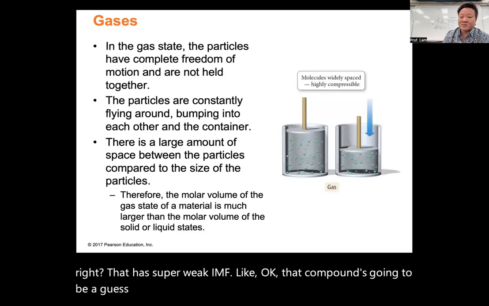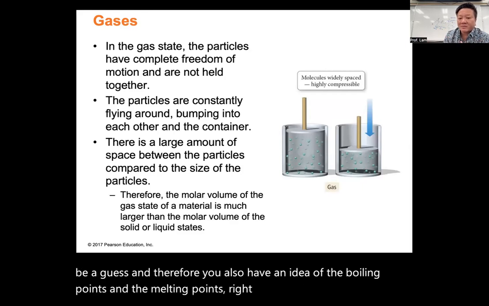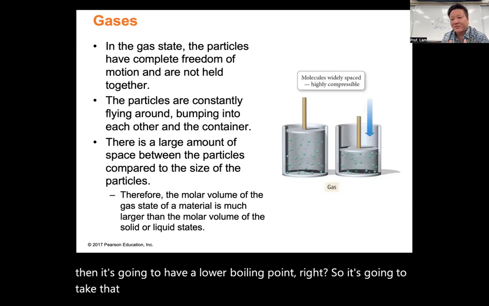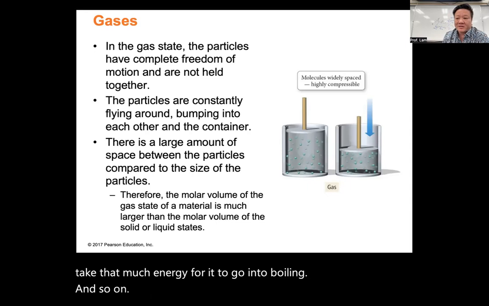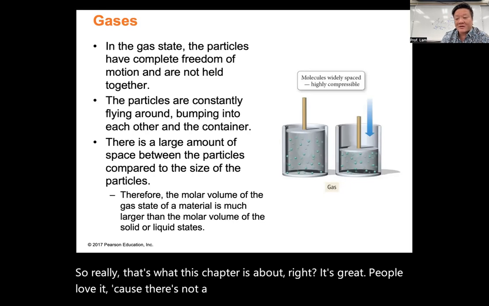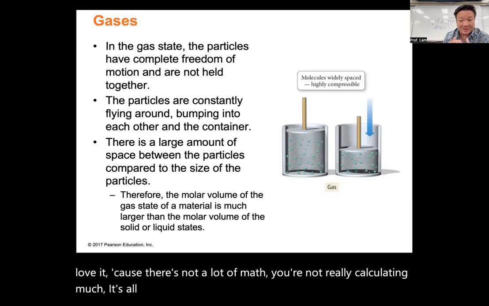And therefore, you also have an idea of the boiling points and the melting points, right? So if something's really weak, then it's going to have a low boiling point, because it doesn't take that much energy for it to go into boiling, right? And so on. So really, that's what this chapter is about. It's great. People love it because there's not a lot of math. You're not really calculating much. It's all qualitative assessment of the IMFs, right?